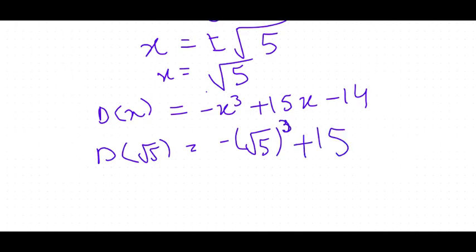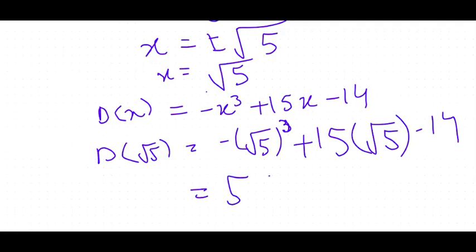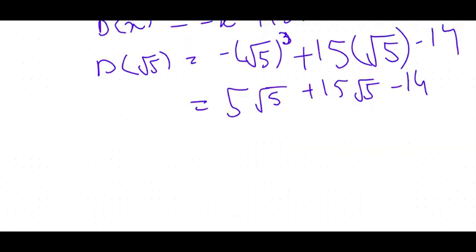When we simplify, we get 5 square root of 5 plus 15 square root of 5 minus 14. Sorry, I forgot the minus value over here. We get 10 root 5 minus 14. So we can say that the maximum vertical distance is this.